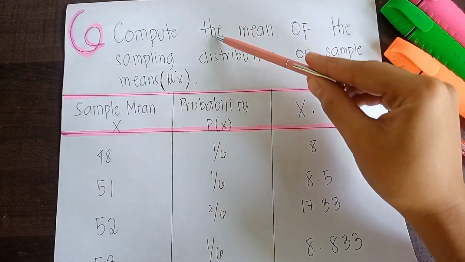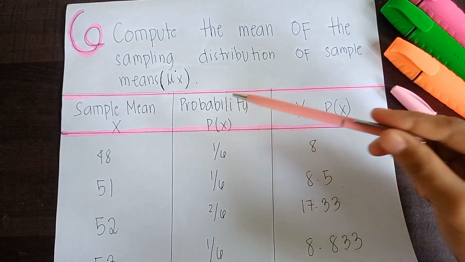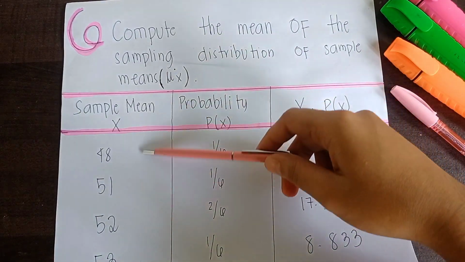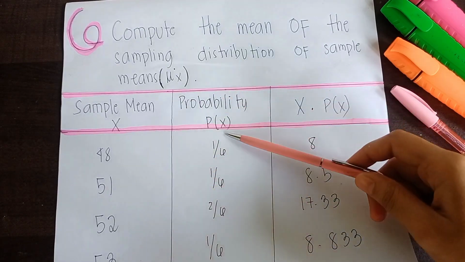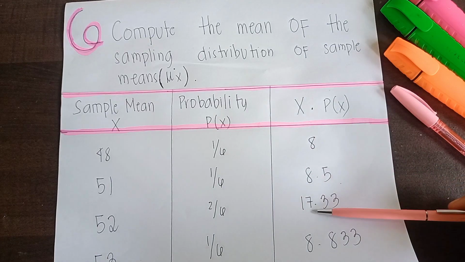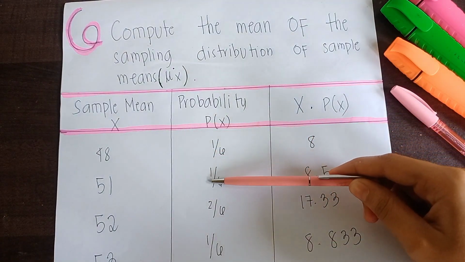Step 6. Compute the mean of the sampling distribution of sample means. Again, we will create a table with 3 columns. The first column will contain the sample mean, the second column will contain the probability, and the third column will contain the product of the sample mean and the probability.